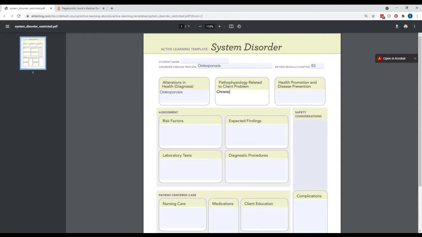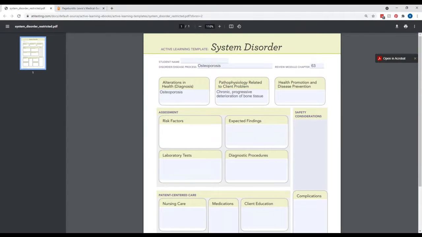It's a chronic problem. We talked about acute and chronic problems. With chronic problems, we can manage the symptoms; acute problems, we can fix. So we can't fix osteoporosis, but we can try to manage the symptoms.